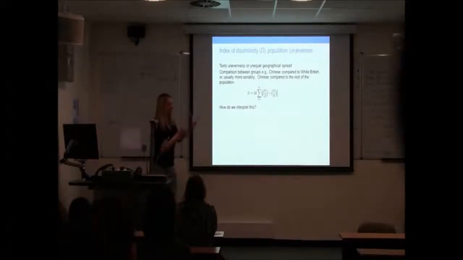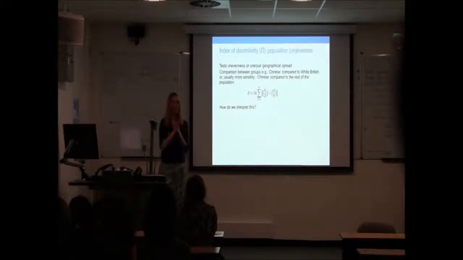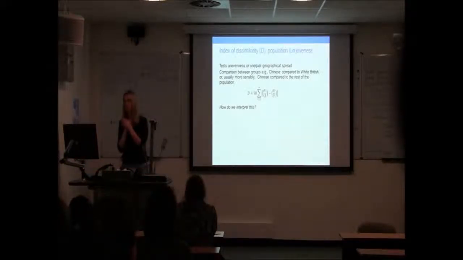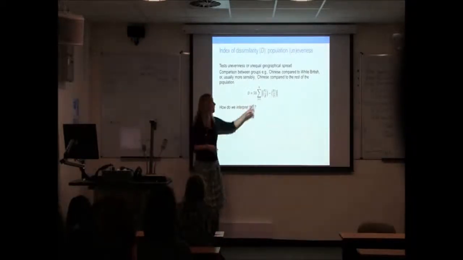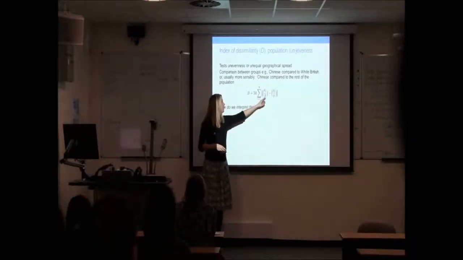If you're not that familiar with formulas and so on, I don't want to push too much onto this, but basically what the measure does is take the population of a given ethnic group, let's say white British, in an area, divided by the total white British population.